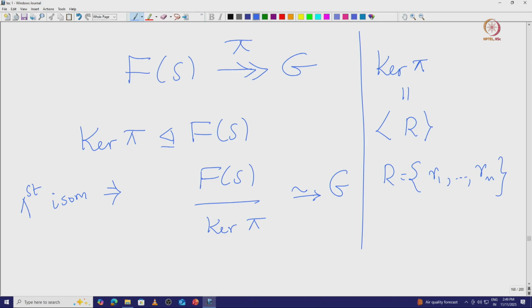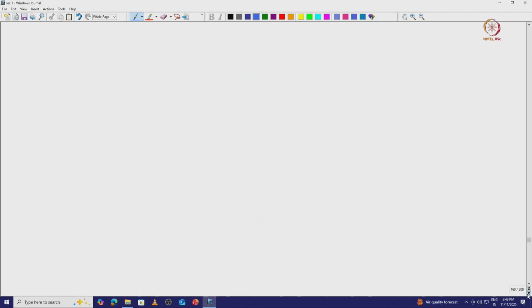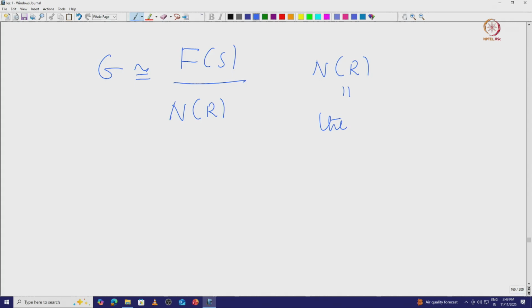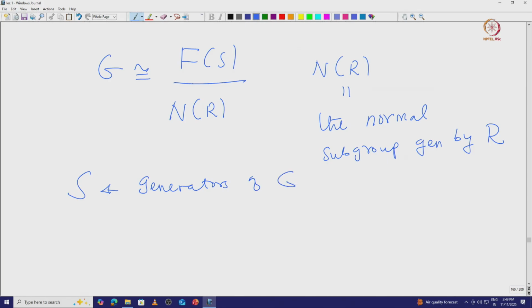So, basically in this case, when G is isomorphic to f of s modulo, let us call it, n of r, where n of r is the normal subgroup generated by these relations R. Then in this case, we call this S to be the set of generators of G. So, S will be called generators of G, and this R will be called the relations of G.